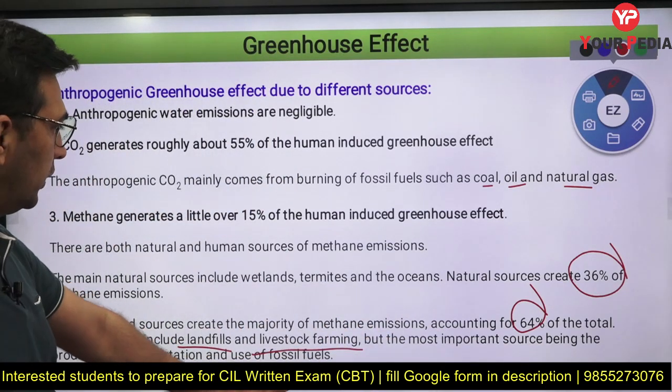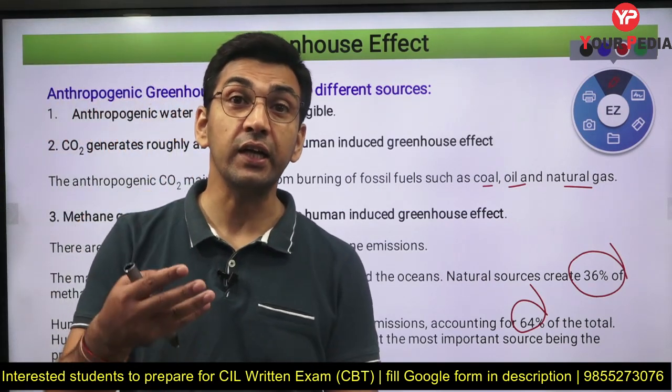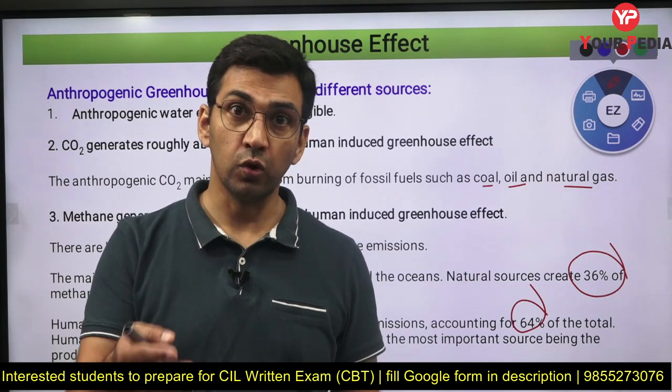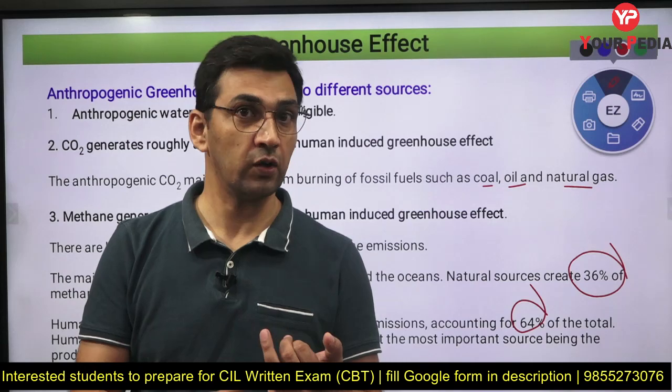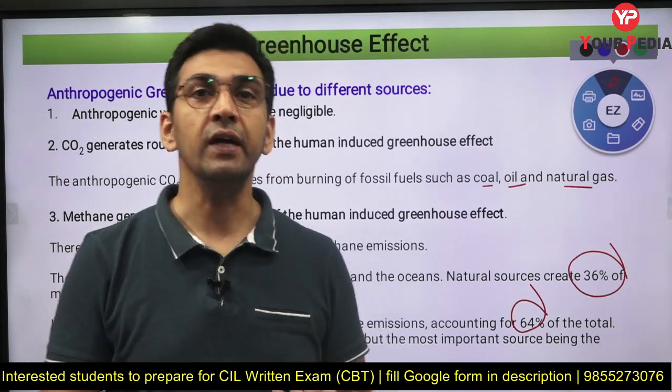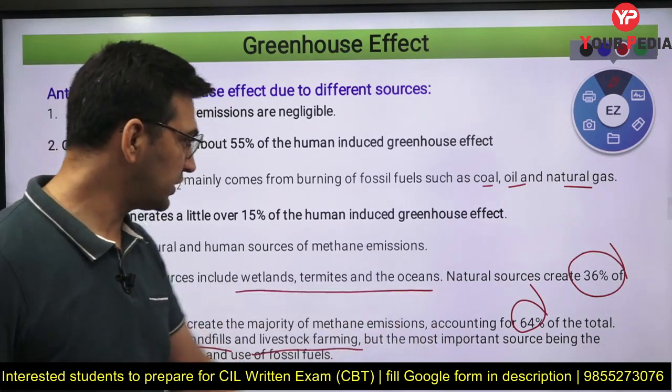In natural gas you have a significant amount of methane. So wherever you have coal production or natural gas production, there methane is getting released into the environment, in addition to the areas I mentioned to you.